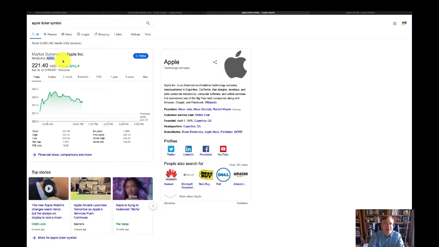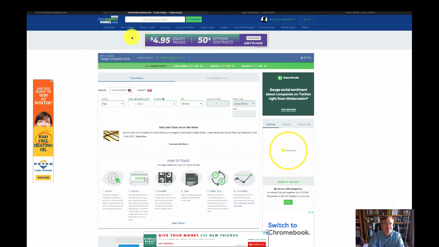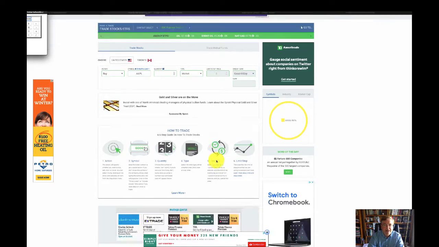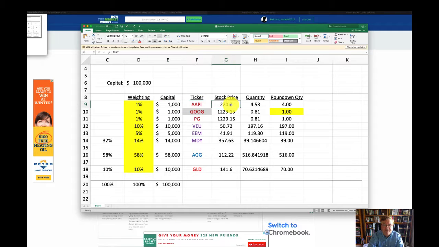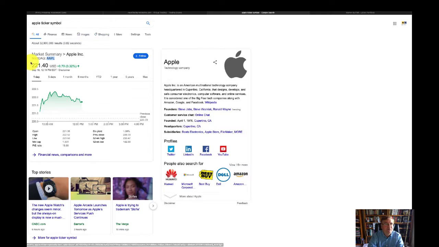Okay, so let's put in Apple, AAPL. How many shares? Well, we click quantity, say $1,000 worth of Apple. The latest price, where is Apple trading at? Let's go back to Google, 221.40.